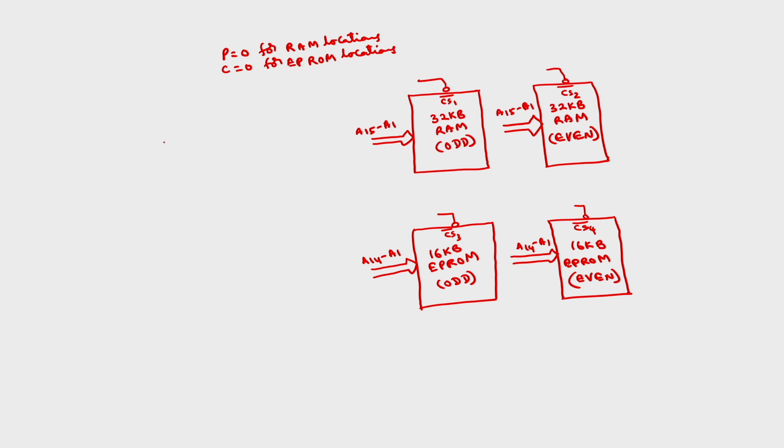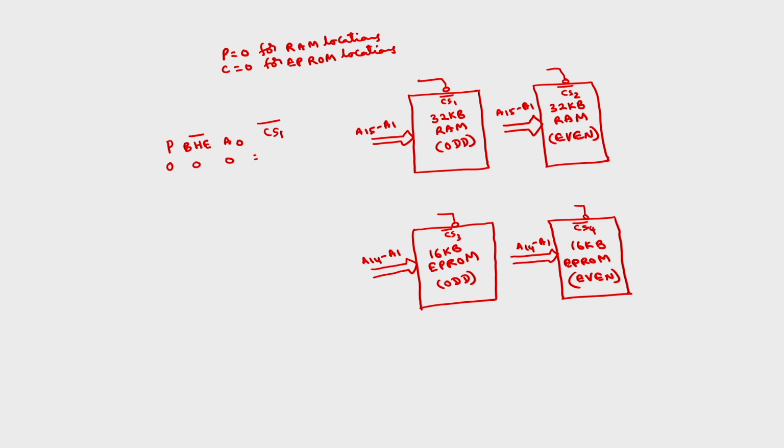So P and BHE bar and A0 will decide about this CS1. If P is 0, and BHE bar and A0 can be 0 0, what should CS1 bar be?